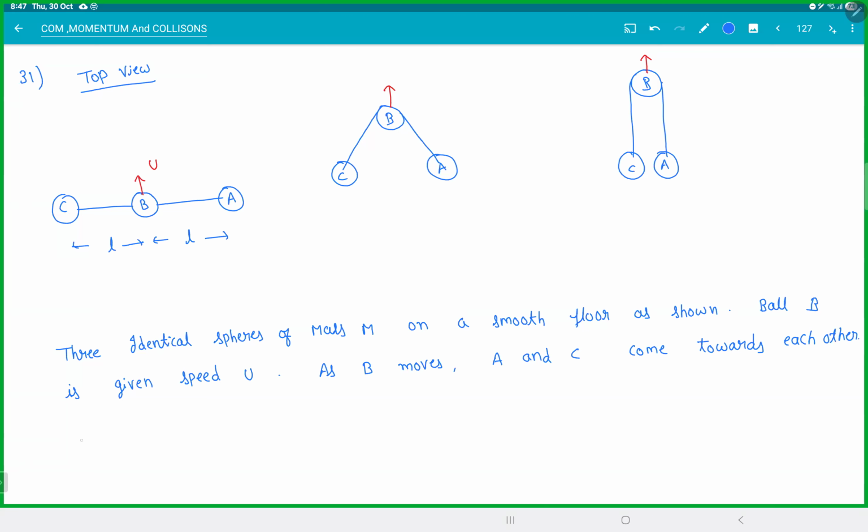So the first question: find the velocities of A, B, C just before A and C collide. As they come closer, A and C will collide, so just before A and C collide, what is the velocity?